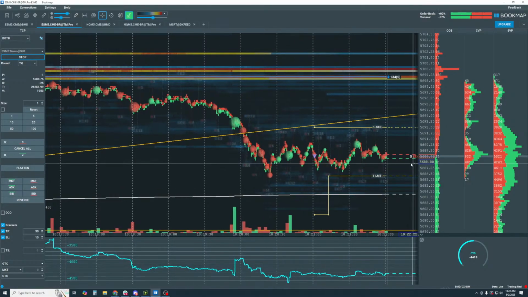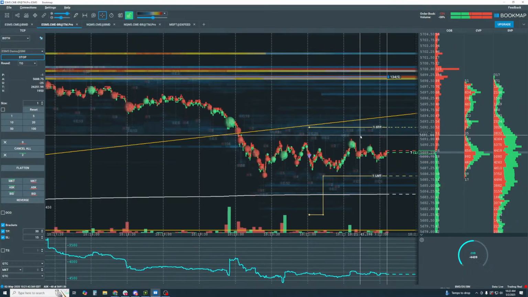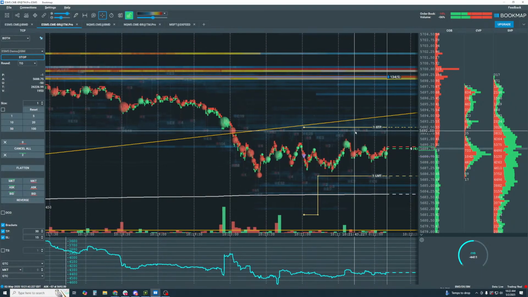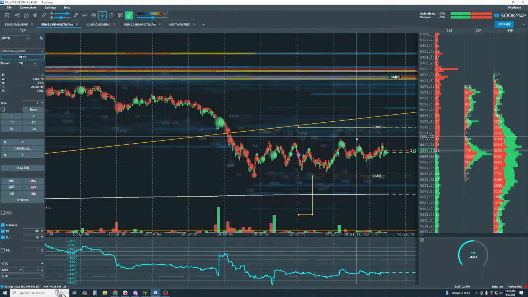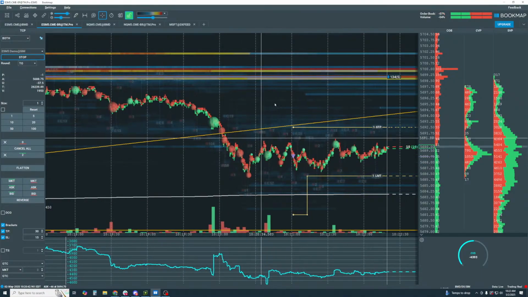Let's see it, sellers. You're kind of chopping around a little bit, buying and selling in here. But I'm leaning on this strength of selling here.